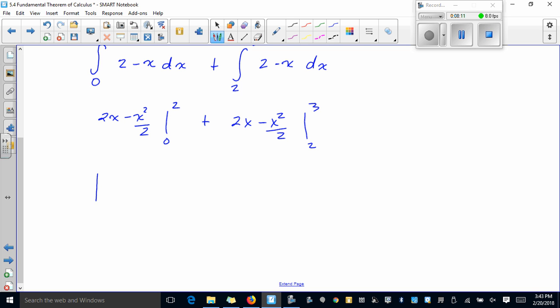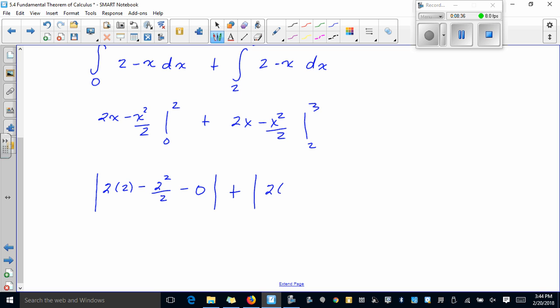And the absolute value, plus, and then this one here. Absolute value of 2 times 3 minus 3 squared over 2 minus, and then what you did over here, 2 times 2 minus 2 squared over 2.